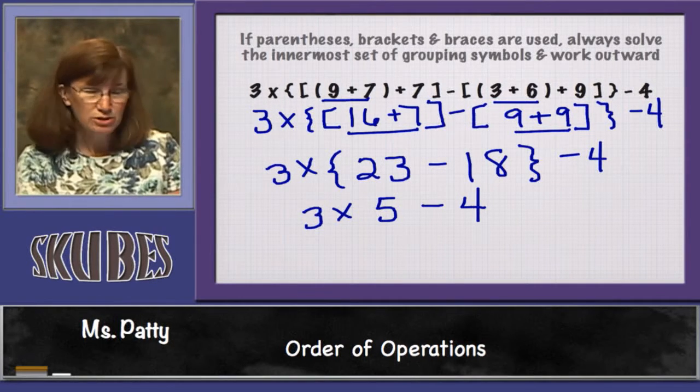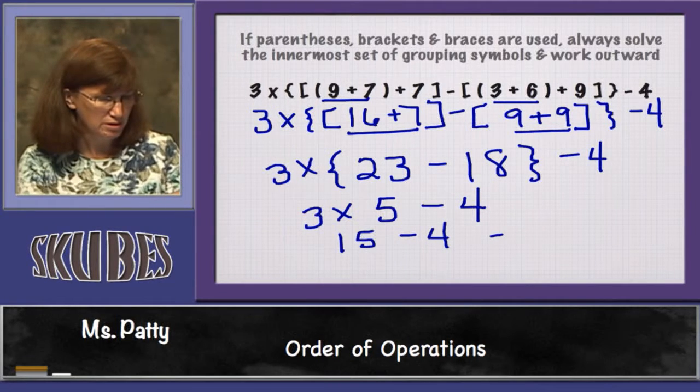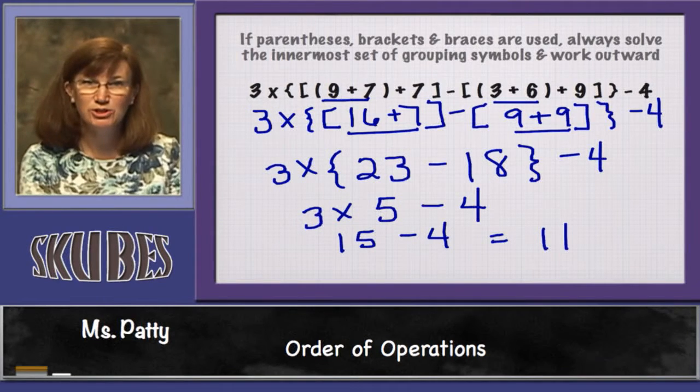Because we have multiplication, we'll do that first. 3 times 5 is 15 minus 4. 15 minus 4 equals 11. And there's our problem. That concludes this lesson.